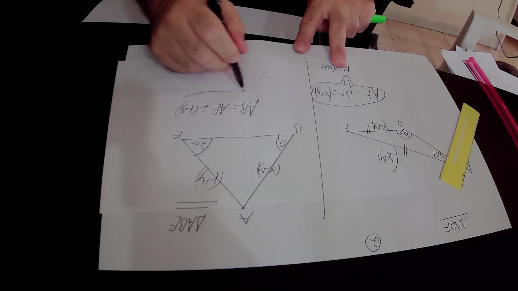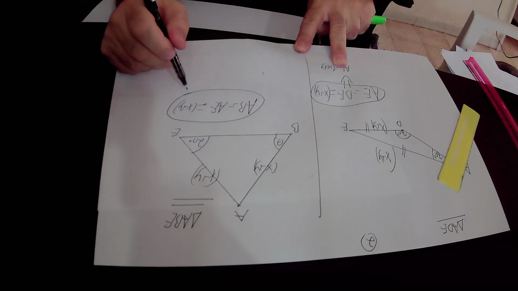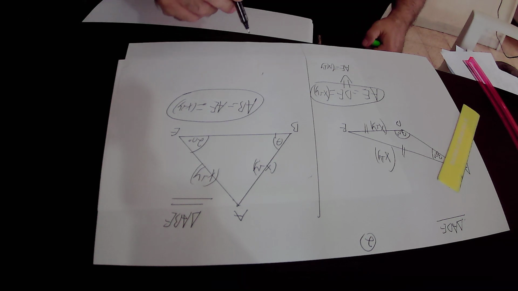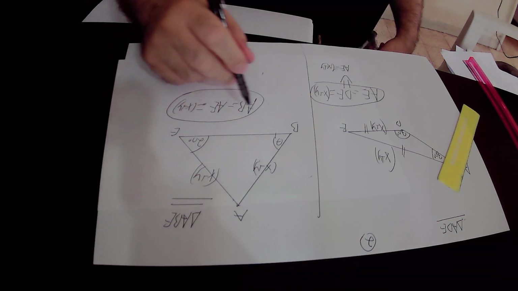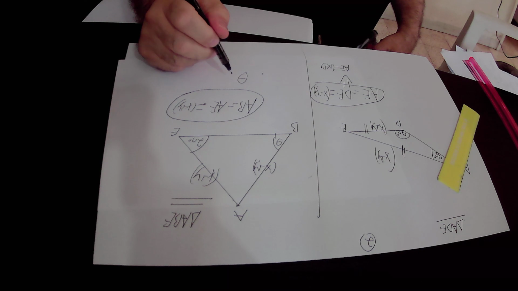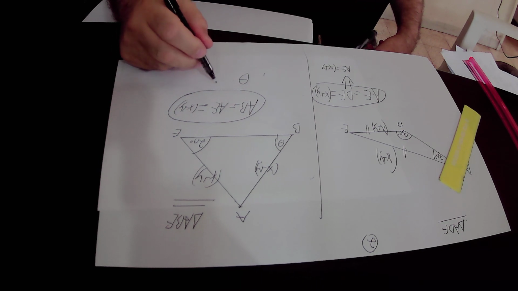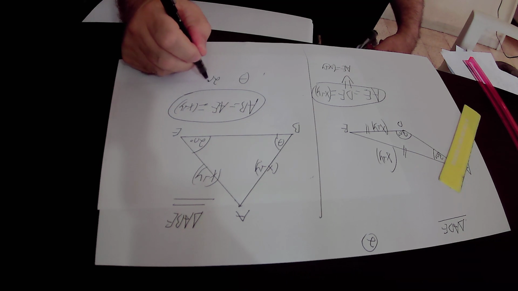According to the rule that in front of equal sides in a triangle there are equal angles, in front of side AE we have angle theta, and in front of side AB we have this angle that is equal to 20 degrees.